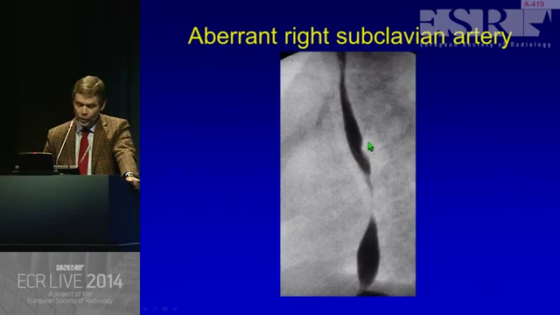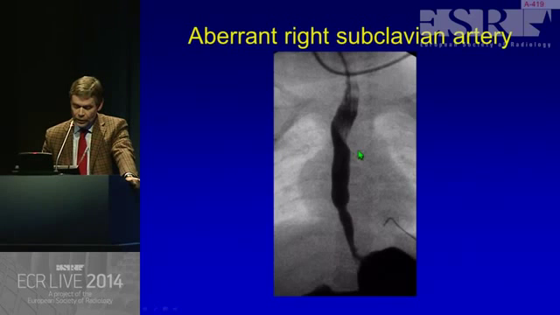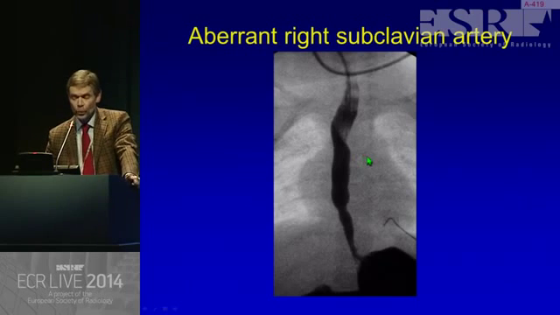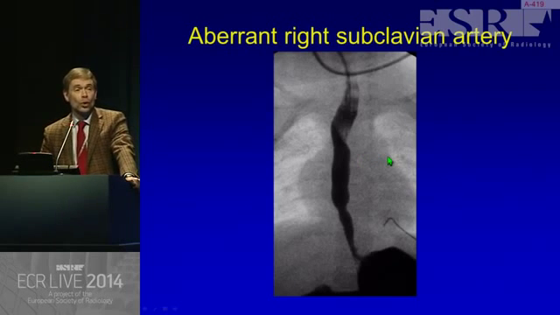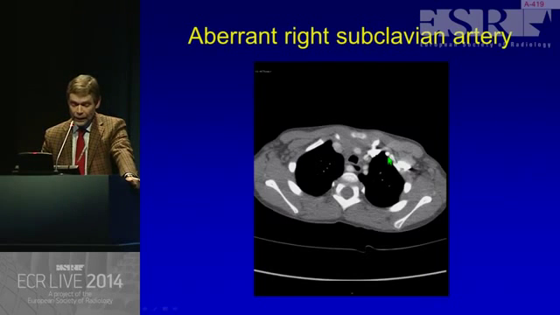And on the lateral film, it's on the posterior side of the esophagus, not on the ventral side, because then we're speaking of, for instance, a pulmonary sling. But it's on the dorsal side, a course like that, then it's just an aberrant right subclavian artery, which is a normal variant and which should be left alone in most cases.